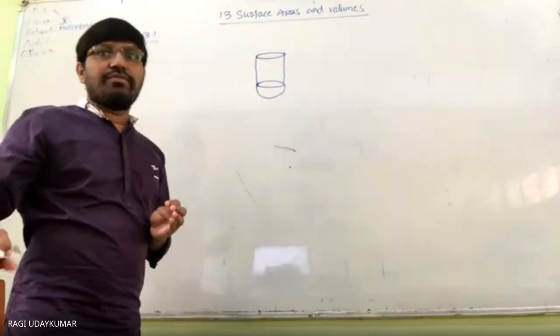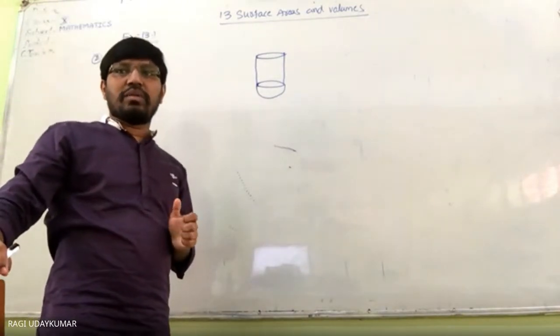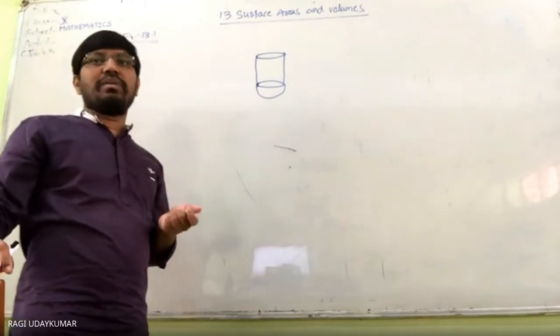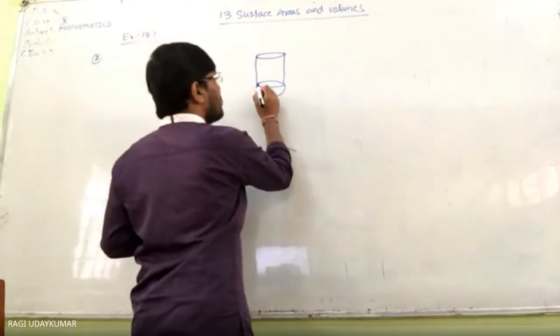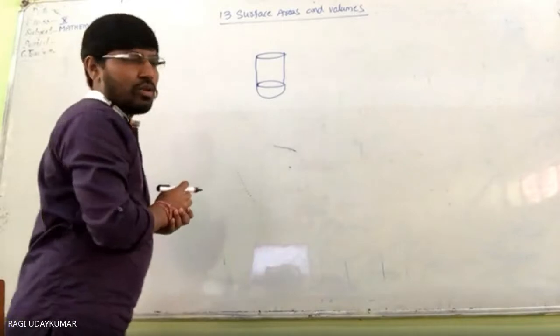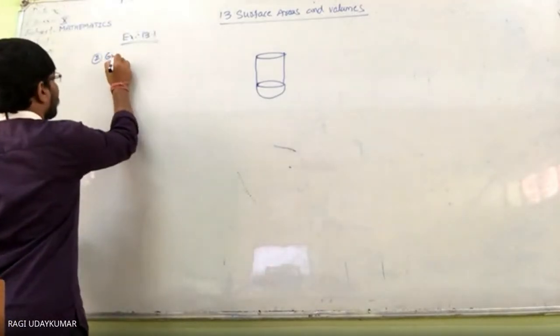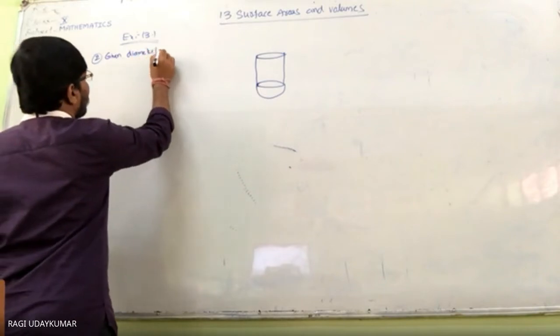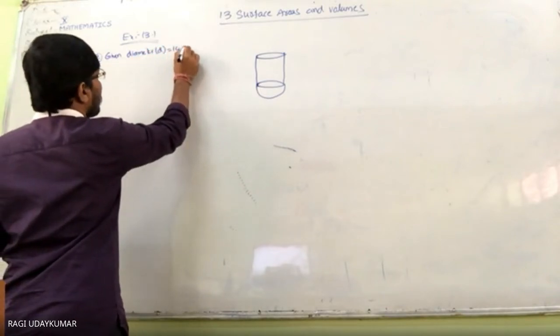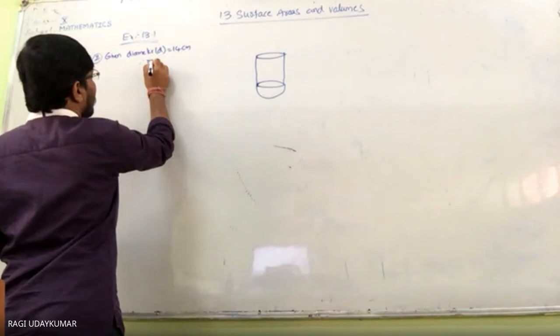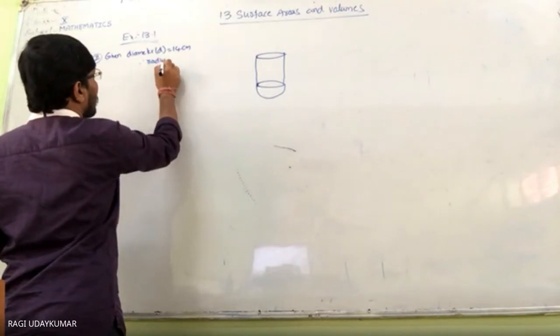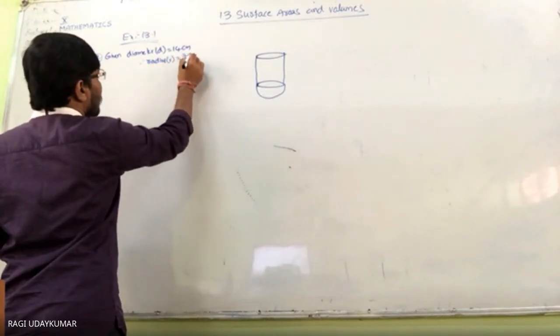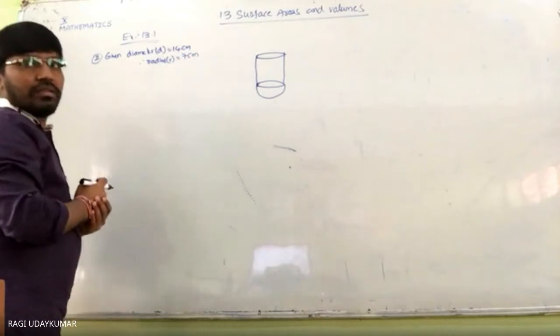Okay, so find the diameter of the hemisphere. The diameter of the hemisphere is equal to 14 centimeters. This diameter is given here. So given diameter D is equal to 14 centimeters. Therefore, radius R is equal to 7 centimeters.